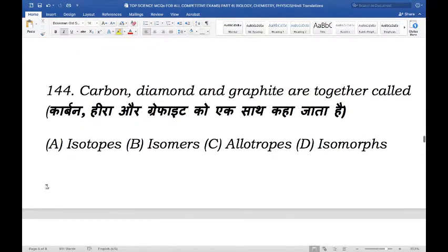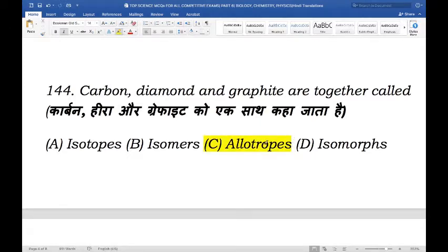Question number 144. Carbon, diamond, and graphite are together called, is it A, isotopes, B, isomers, C, allotropes, or D, isomorphs? So carbon, diamond, and graphite are called C, allotropes.